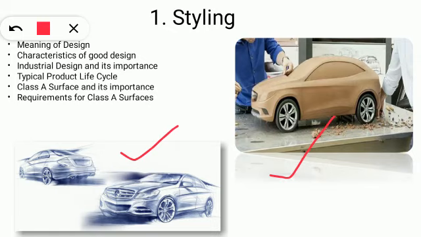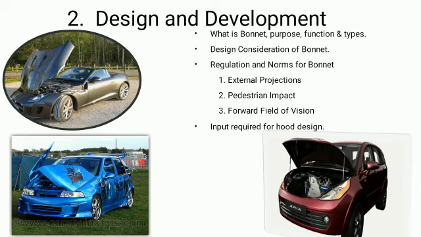So one can design like this, another can design another way. Based on this, we do brainstorming, select the best design and develop it, which is the second domain, that is design and development.